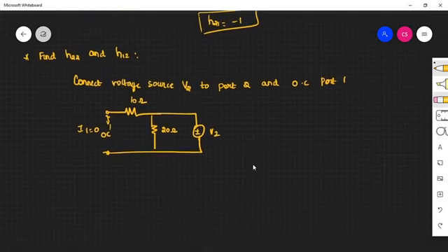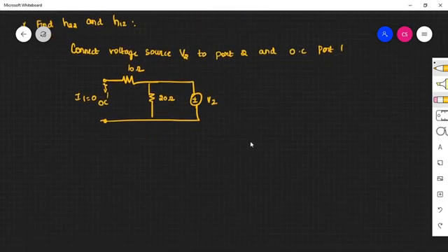Now let us see how to do the further analysis. When we take the second loop here, I1 has already become 0. Therefore, by Ohm's law, V2 is equal to I2 into 20.